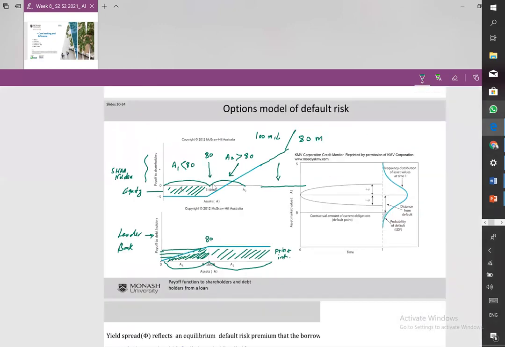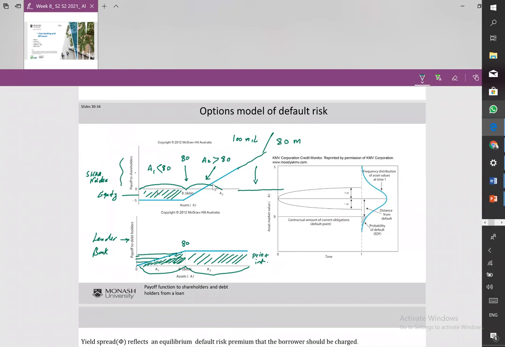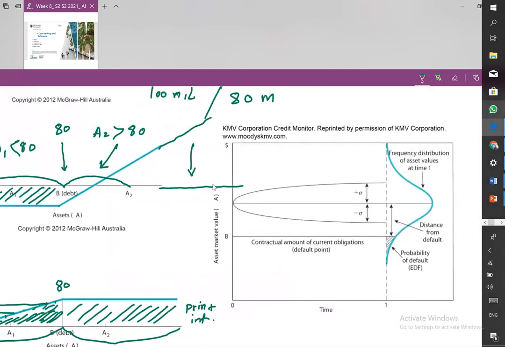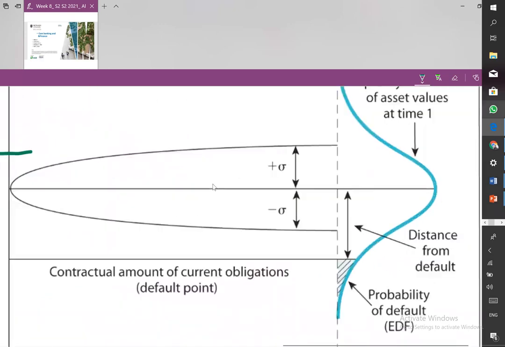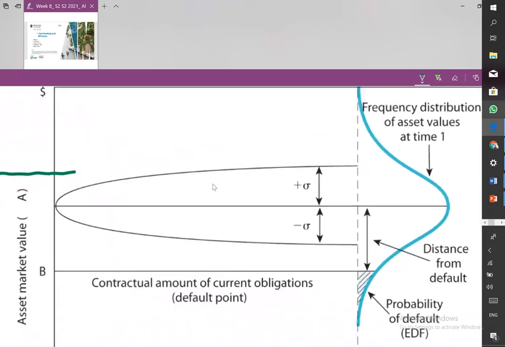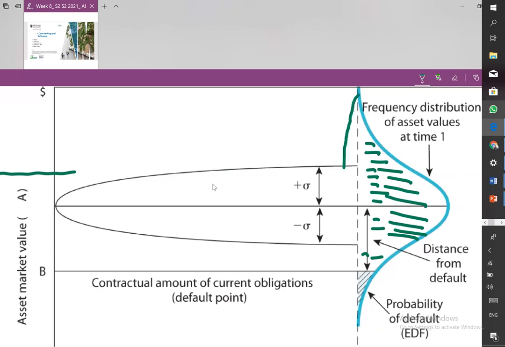Now, this KMV, which was later acquired by Moody's, came up with this model. They provide this distribution for one company taking a loan on one date. If the value of the company is above the 80 million I was explaining, it is not defaulting.